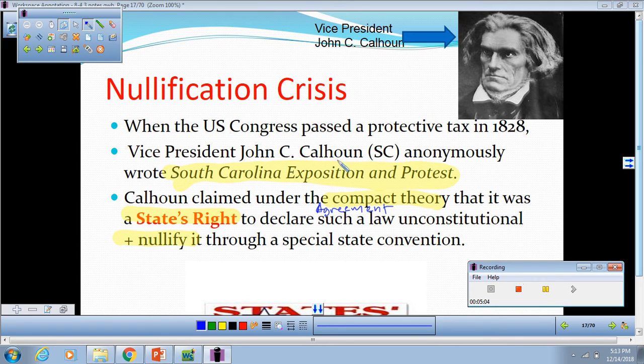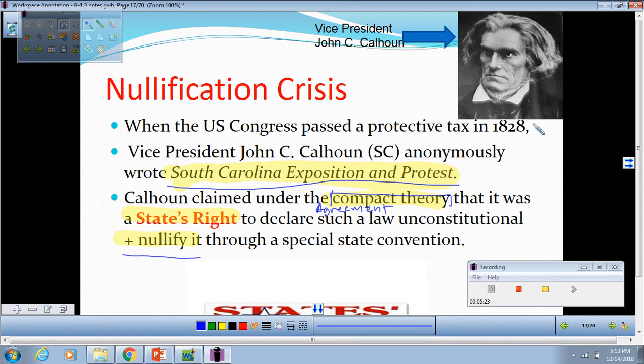Vice President John C. Calhoun writes the South Carolina Exposition and Protest and claimed under the compact theory that it was a state's right to declare such a law unconstitutional and nullify it through a special state convention.